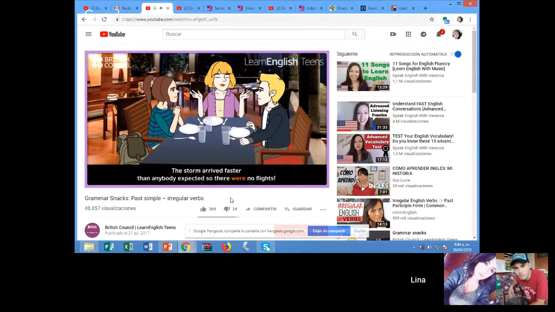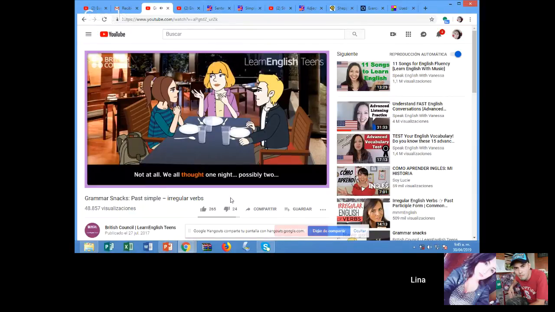The storm arrived faster than anybody expected, so there were no flights. The road to the airport was completely flooded, so nobody could go back into town. We got stuck in the airport. Did you think it would be for so long? Not at all. We all thought one night, possibly two. Did you have enough food? I bought some food on the first day, but it wasn't very good by the third day. On my birthday, I had a packet of crisps and a 2-day-old sandwich for lunch. Poor Mum.